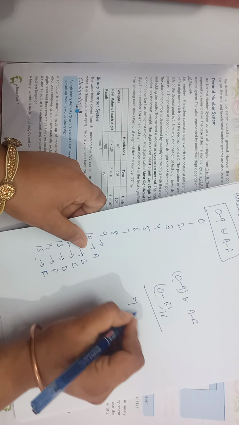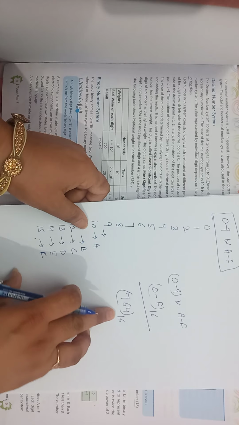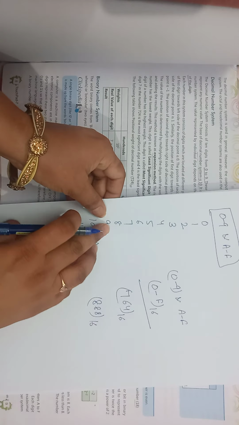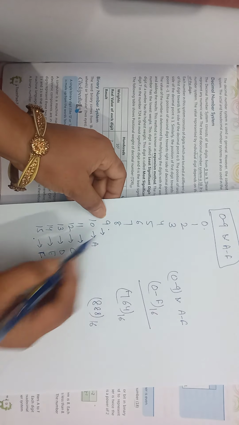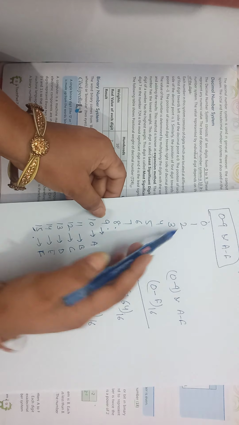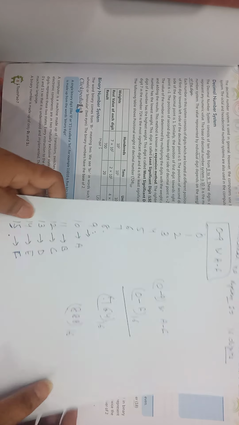The number system provides a shorthand method to represent long binary numbers. Here we can say 764 is a valid hexadecimal number. 888 is also a valid hexadecimal number because these lie in the range 0 to 9 and 0 to 15. 8 exists here, and 764 also exist in this range.